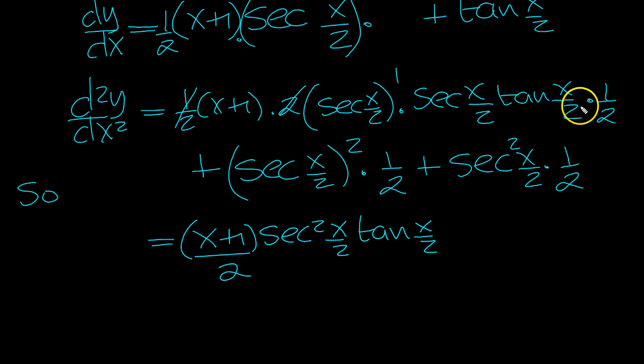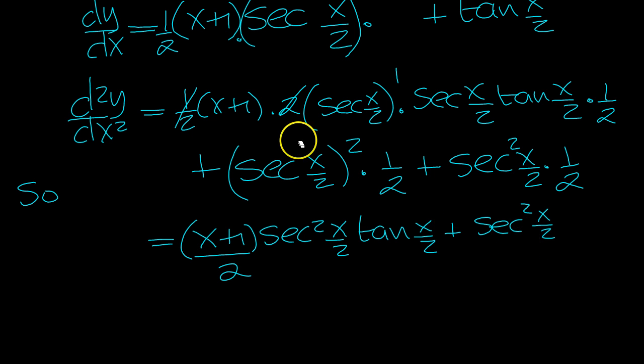That was that term there. So yeah, sec squared tan, plus sec squared x over 2 there, but plus that twice, isn't it? Because that's the same as that. A half plus a half is just 1. It looks like to me.